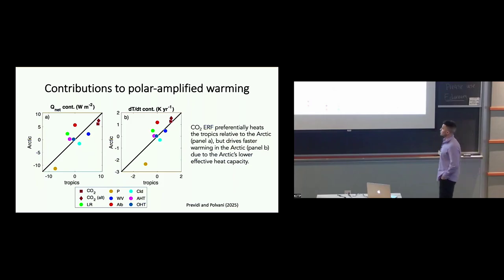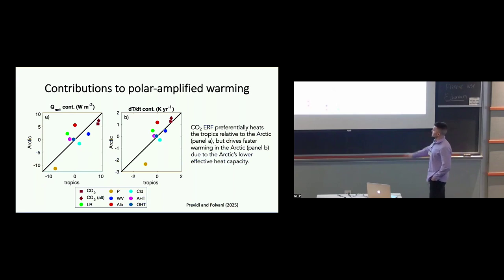And the way that we get from panel A to panel B is just take each of these terms in panel A and divide by the respective effective heat capacities of the Arctic and the tropics. And when you do this, you see that for most of these terms, qualitatively, it doesn't really matter. The points move a little bit in relation to the 1-to-1 line, but they don't actually go from one side of the 1-to-1 line to the other.